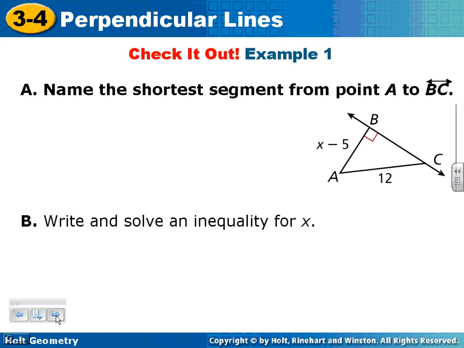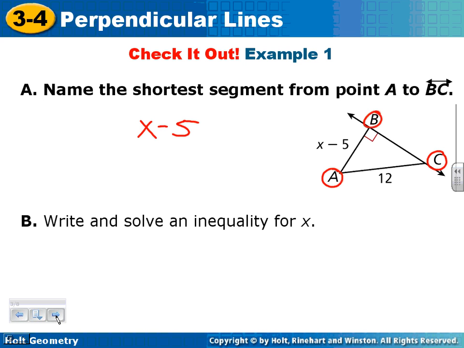Name the shortest segment from A to BC again. Well, here's A, and here's B and C. Well, the shortest segment would be from A to B, which is that x minus 5. And then part B is write and solve an inequality for x.